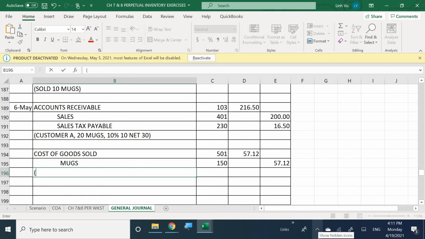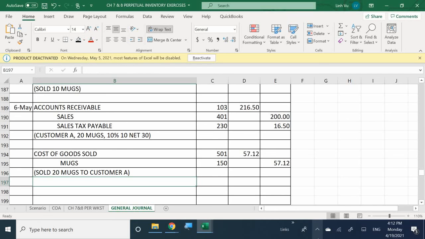So I'm going to go ahead and indicate here that I sold 20 mugs, and I'm going to be specific to customer A, just in case customer A turns around and returns it. Okay, so this one I'm being specific because I know who I sold it to. The other ones, I don't know who. They're random people. I can't really keep track of them. So in this case, I'm specific on who I sold these cups to.